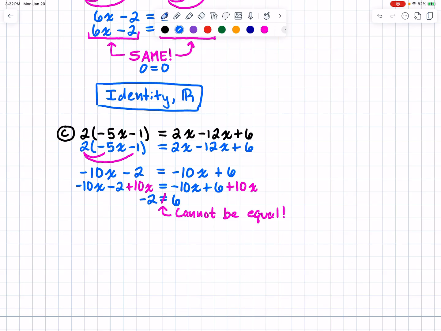So we have a contradiction. And we denote a contradiction by the empty set. Now an empty set is just two squiggly brackets with nothing in them. And that would be our answer.